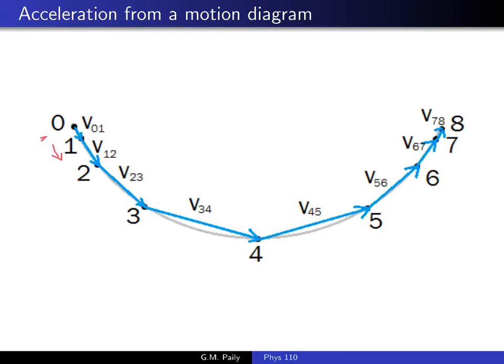Similarly, at point 8, the particle comes in with some velocity and then comes to a stop. So, velocity after is 0, and this is the velocity before. If we look at the change in velocity, that is velocity after minus velocity before, we see that this acceleration points exactly opposite to the velocity.